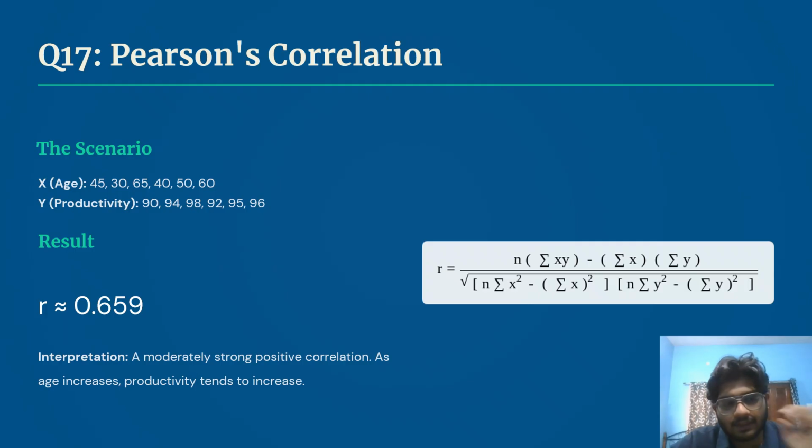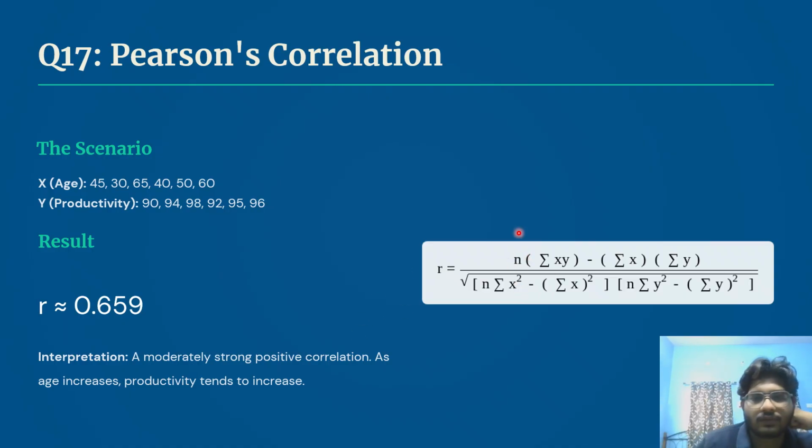The formula that is given to us is summation of (x minus x mean)(y minus y mean). That is summation, not n, in the formula here.